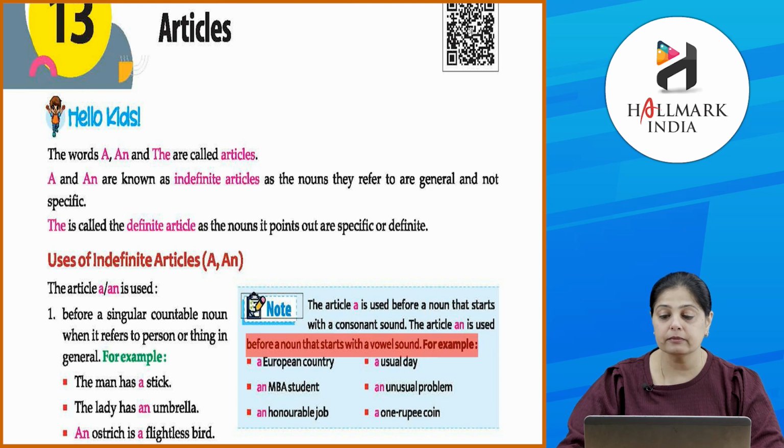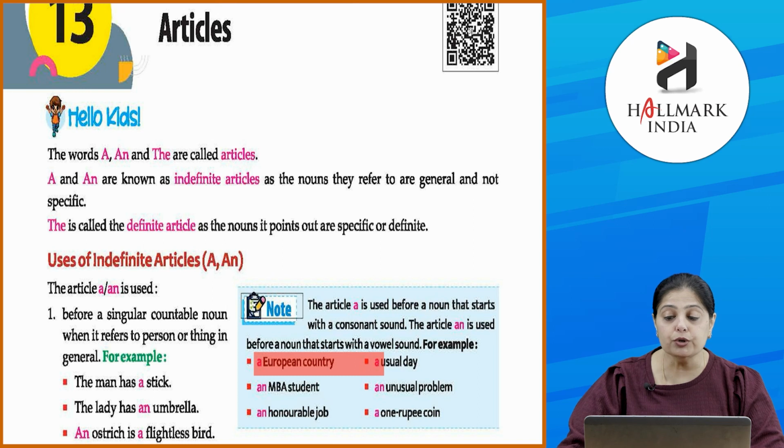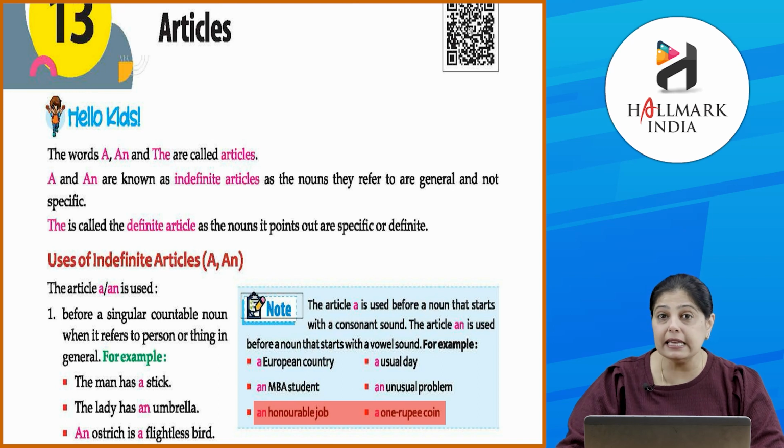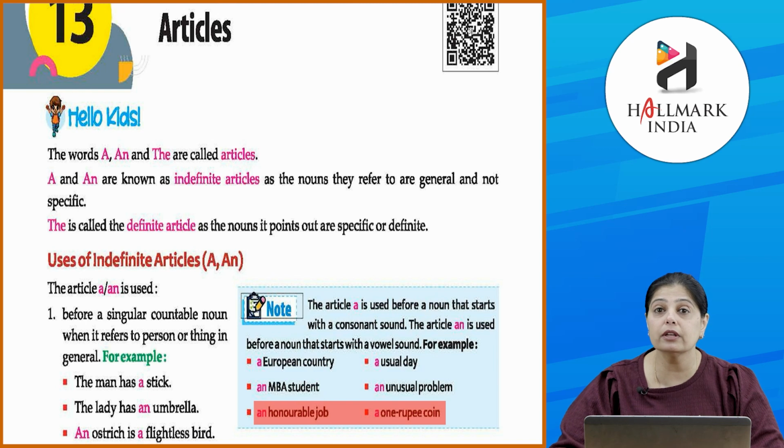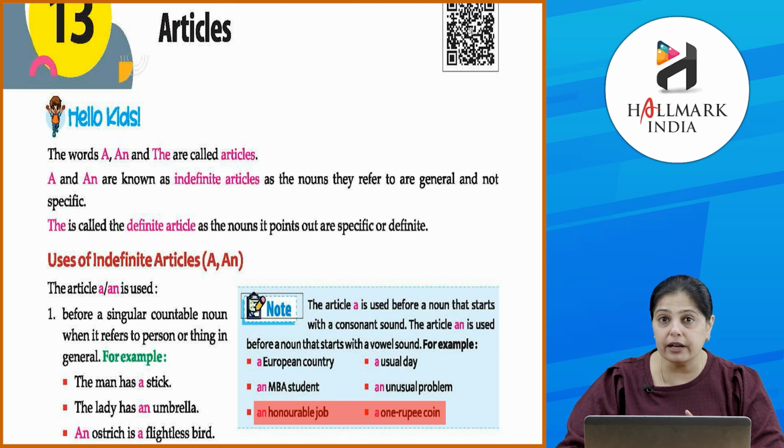For example, a European country, a usual day, an MBA student, an unusual problem, an honorable job, a 1 rupee coin. So आप इसमें देखोगे even if the first letter is E, it all goes on the sound, कि कौन सा sound आ रहा है.